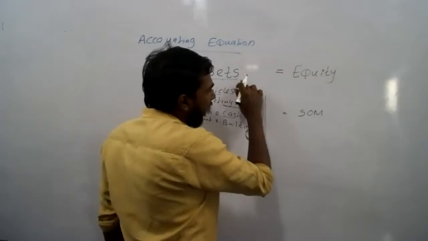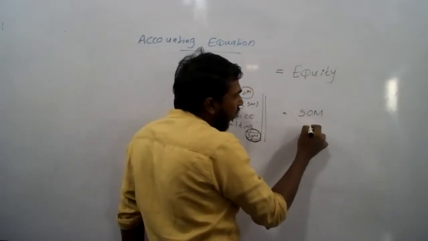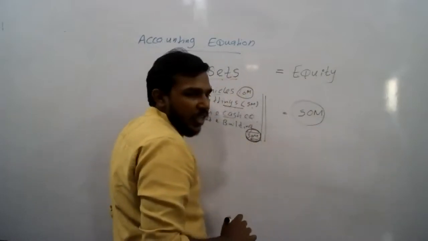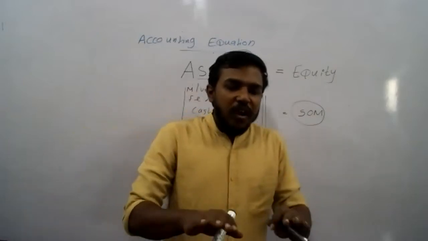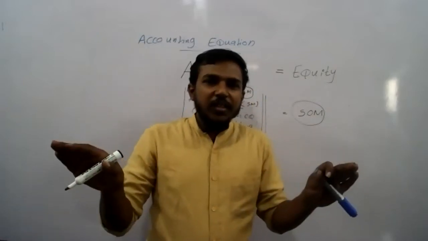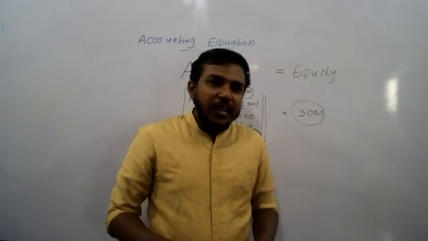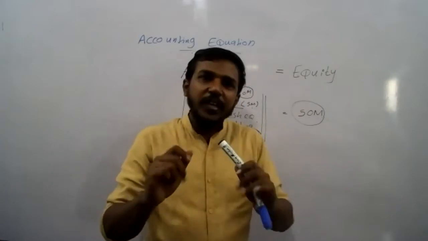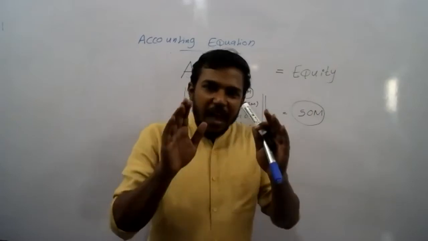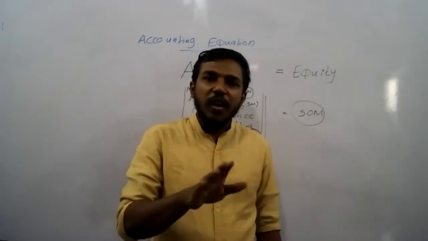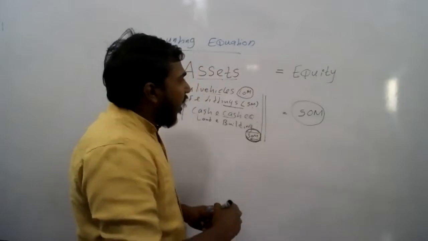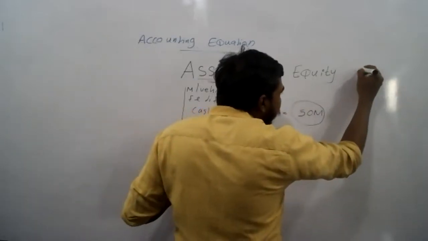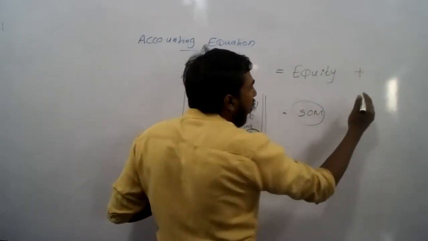So now assets have been financed through the owner, so it's the equity. But later on, once supporting services were liberalized, banking services came along for businesses as a supporting service. As a result, businesses finance their assets through loan sources.